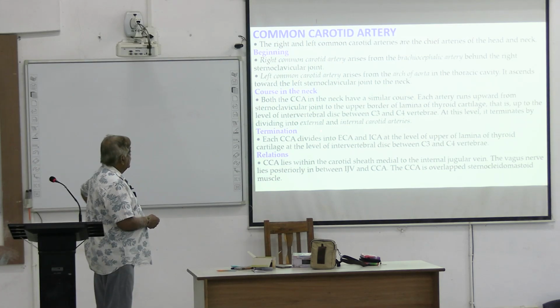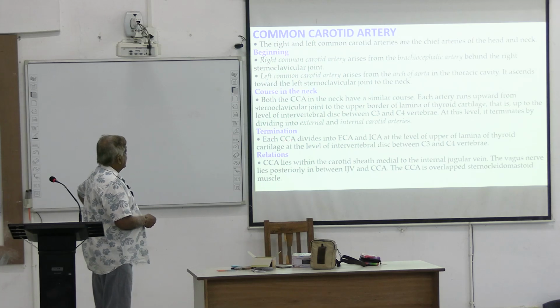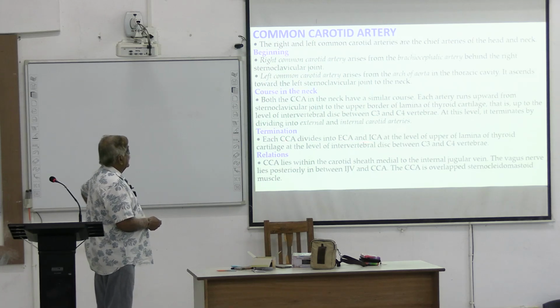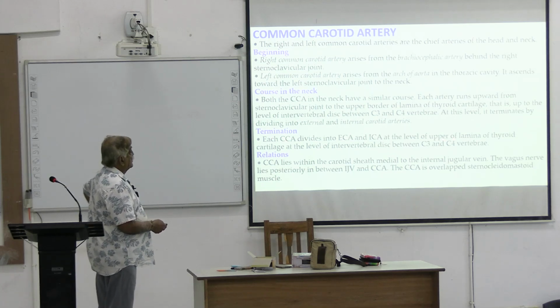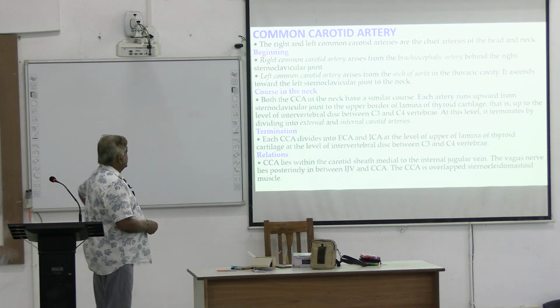Now, termination: each carotid artery divides into the external carotid and internal carotid at the level of the upper border of the lamina of the thyroid cartilage, at the level of the intervertebral disc between C3 and C4 vertebra. The common carotid artery lies within the carotid sheath, medial to the internal jugular vein. The vagus nerve lies posterior to the internal jugular vein and common carotid artery.